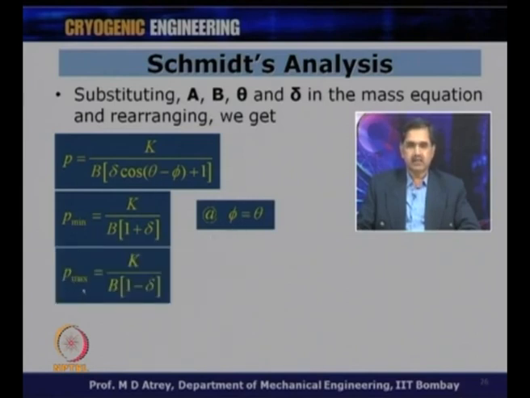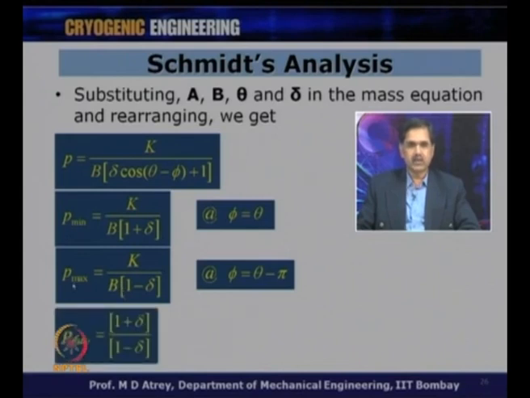I get P max when my denominator is minimum. This will happen when cos of theta minus phi is minus 1. So, I get maximum pressure as a constant divided by B into 1 minus delta, and minimum pressure as K upon B into 1 plus delta.